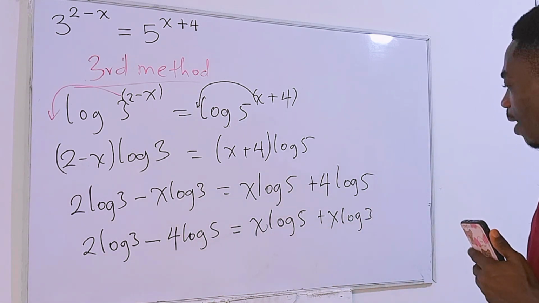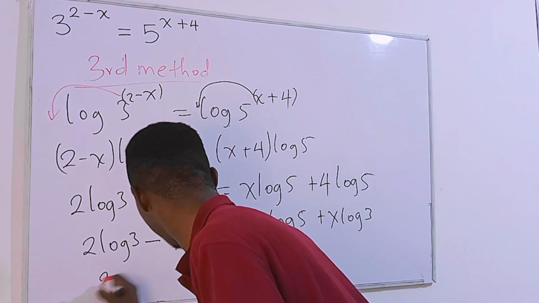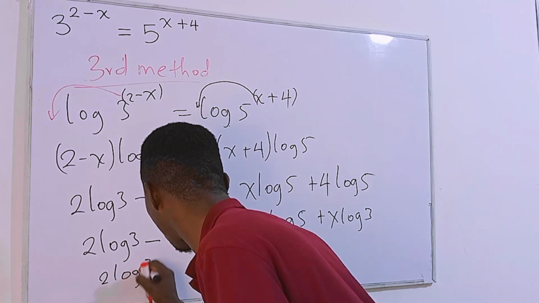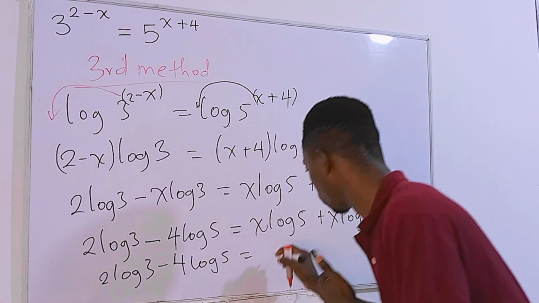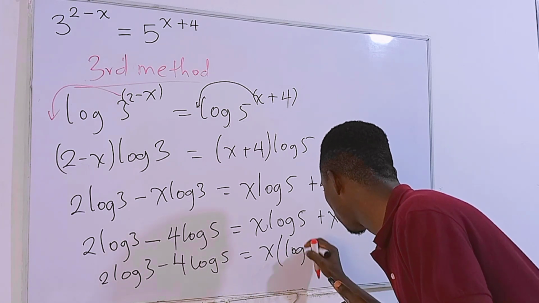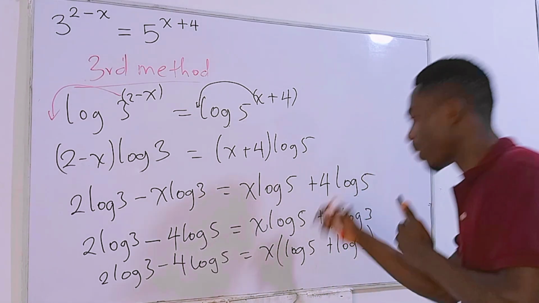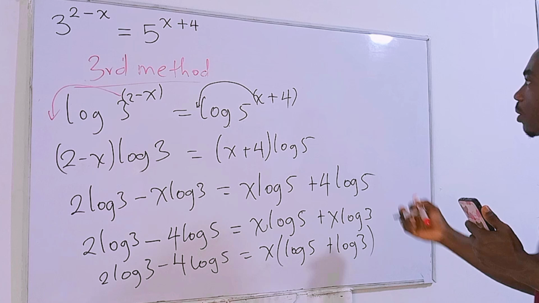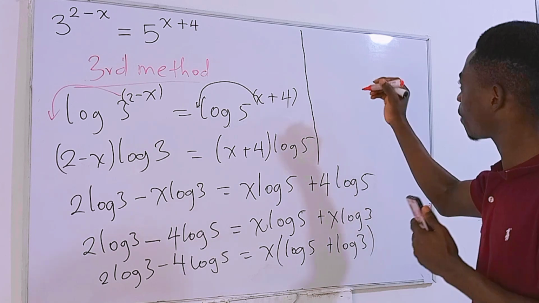Cool. Now, x is common, so we have to maintain this: 2 log 3 minus 4 log 5 is equal to, we factor out x, then inside we have log 5 plus log 3. Pretty cool, huh? So, in fact, we are going to have something a little bit scary.